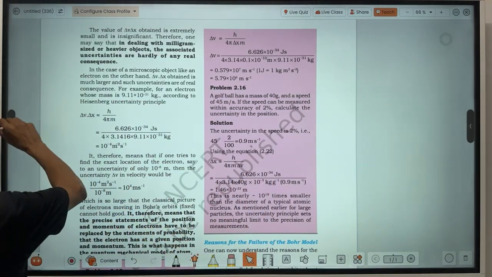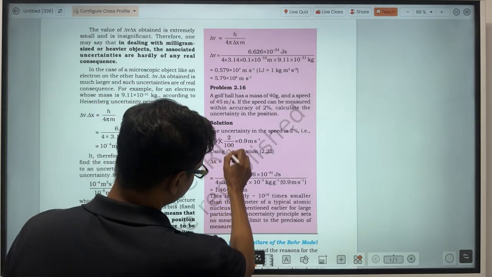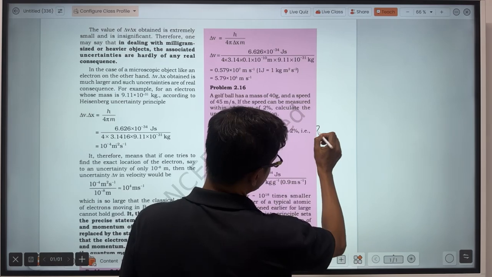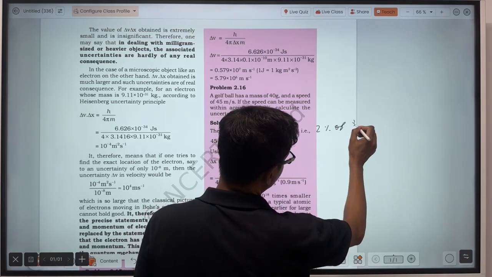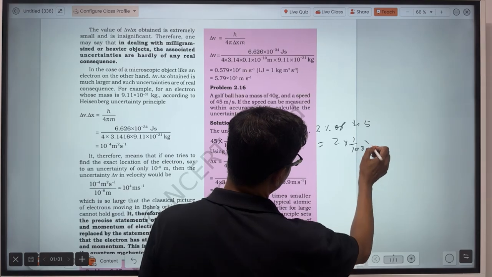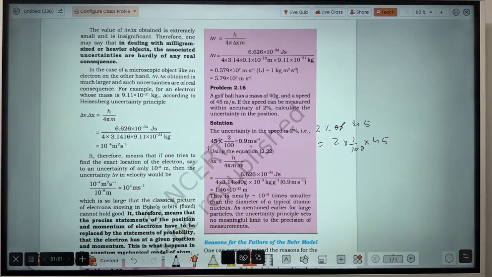Here, write 45 into 2, because it is 2% of 45. That means 2 into 1 by 100 into 45, so 0.9 meter per second.